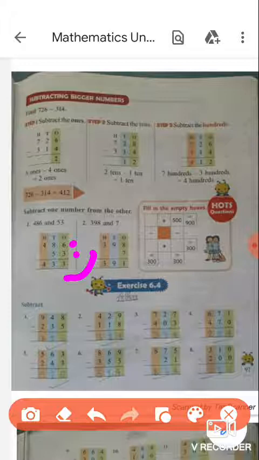In the second step, subtract tens, 8 tens minus 5 tens, it means 3 tens. Now at hundreds place there is only 4 hundreds, so we can write here 4. So students, here when we subtract 53 from 486, we get the answer 433.